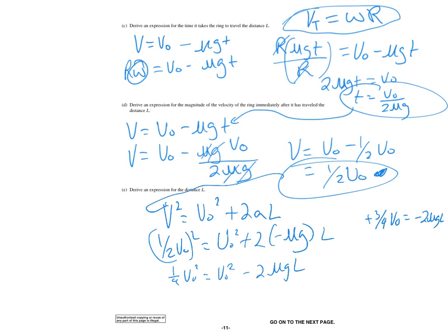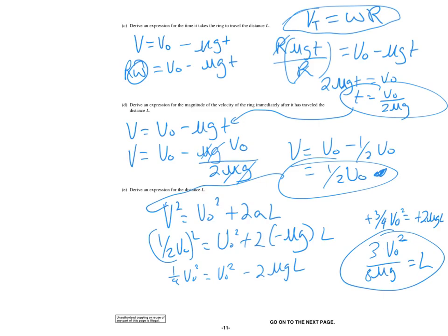The negatives go away, and when I divide that 2 over, I get 3/8 v0² divided by μg equals L. Oh, I forgot to square it. There we go.